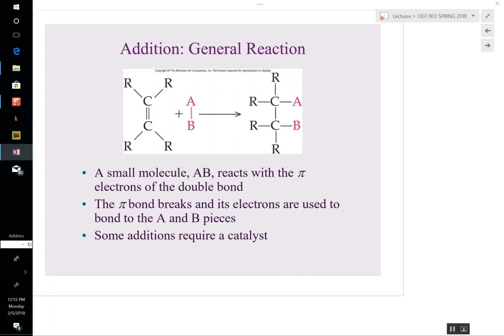That means that each carbon in the original double bond gets the same thing. So you don't have to worry about, where does the hydrogen go? Well, a hydrogen goes on each carbon. Where does the fluorine go? A fluorine goes on each carbon. A bromine goes on each carbon. You follow me? So these are a little simpler because they are symmetrical.